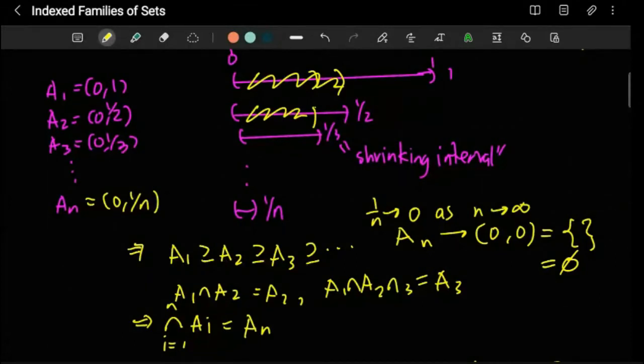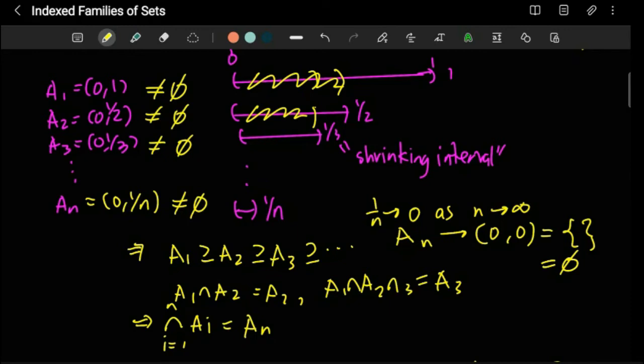Now, what's amazing about this fact is that each A sub n actually is not empty. Every interval, no matter how big n is, even if n is 1 billion, 1 trillion, 1 quadrillion, 1 gazillion, there are still points between 0 and 1 over n. So no element of the collection is empty.